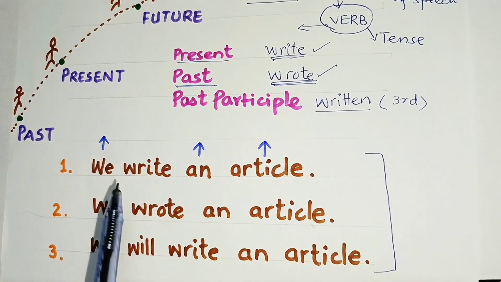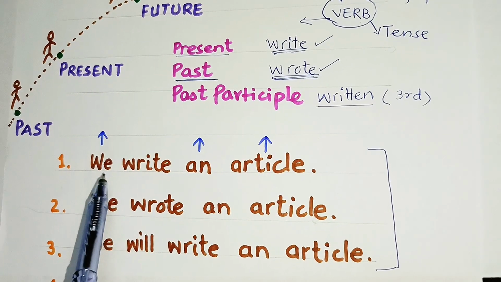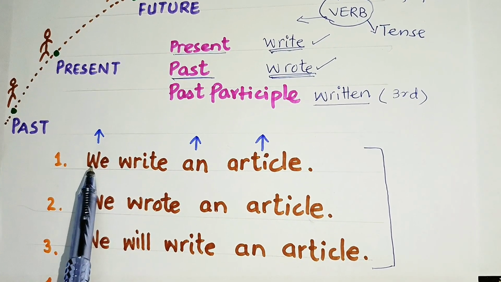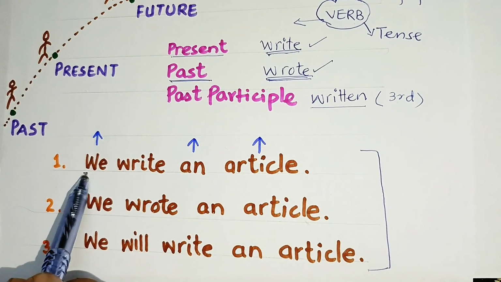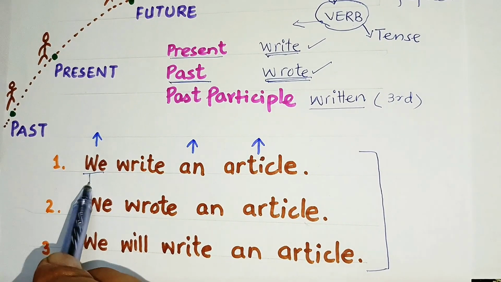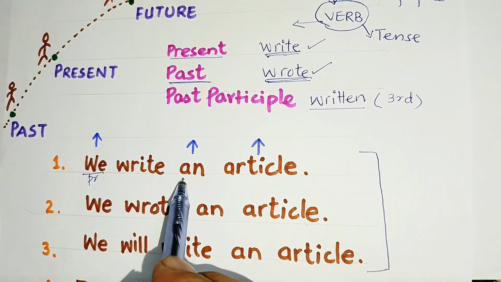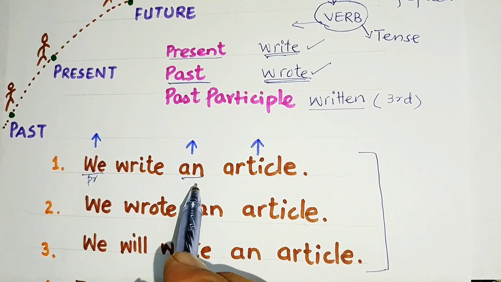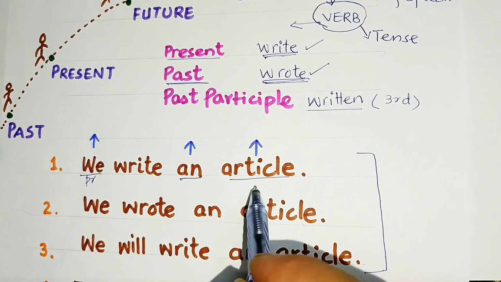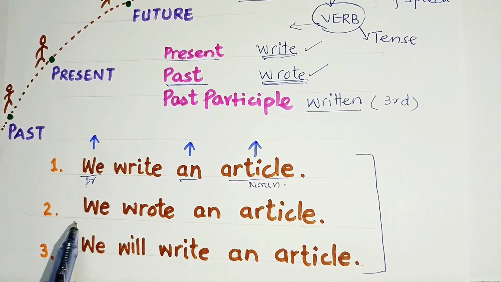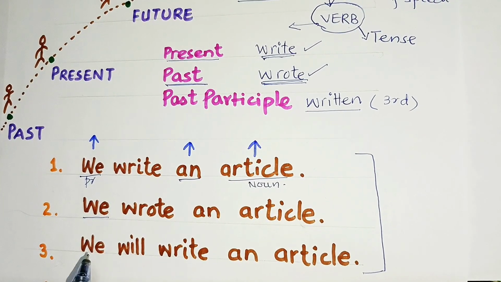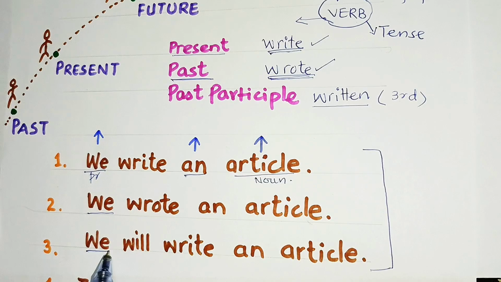In the first set, I have taken one example: we write an article. Over here you can see that we is a pronoun, an is an article, and the word article is a noun. You can see the same pattern in sentences number 2 and 3 as well.